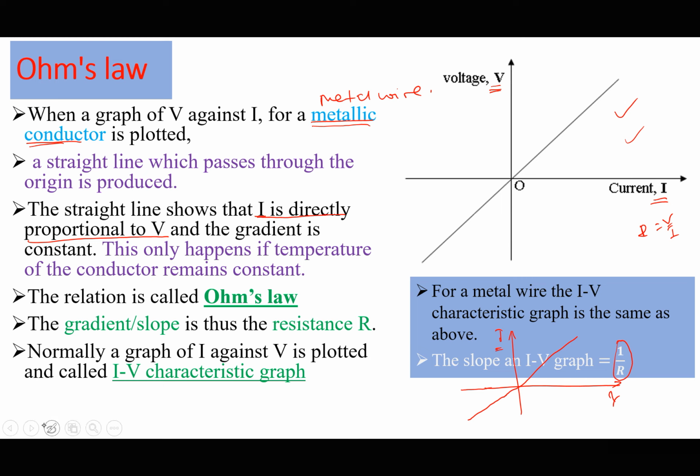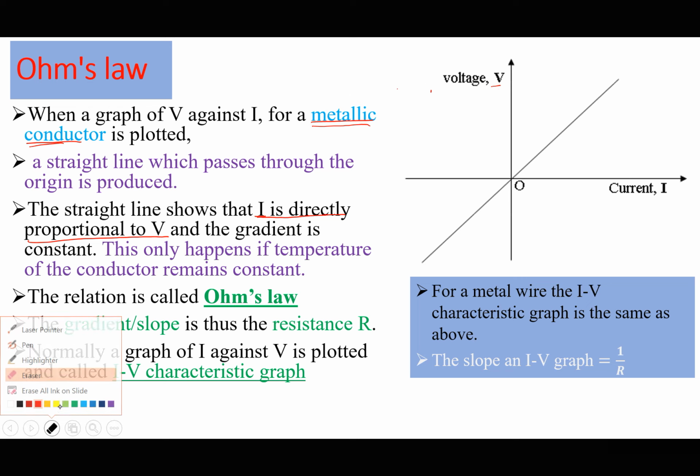You should be able to sketch a graph of I against V or V against I for an ohmic conductor, or for a metal wire, or for a conductor which obeys Ohm's law. And I am saying it is simply going to be a straight line through the origin. So you should mark that very carefully.